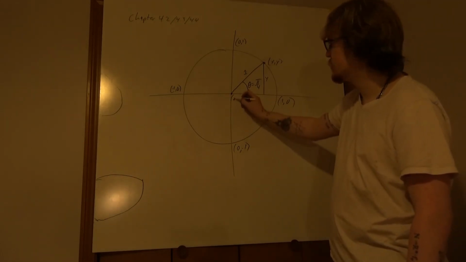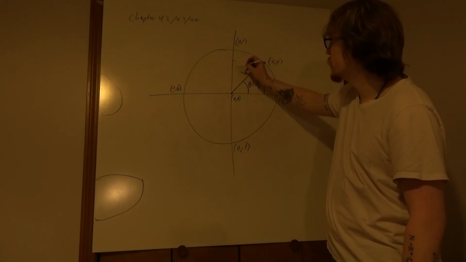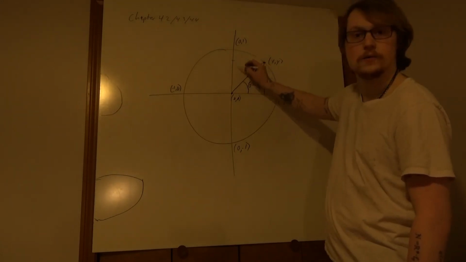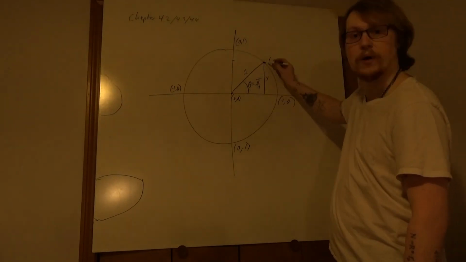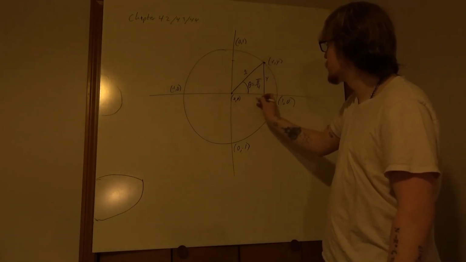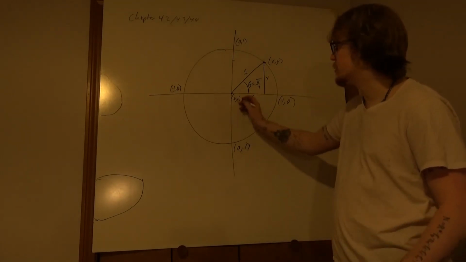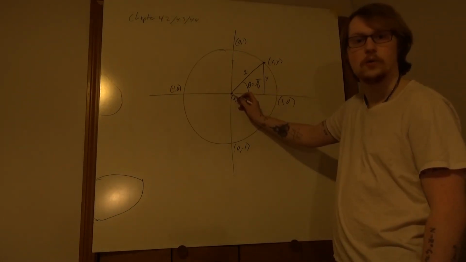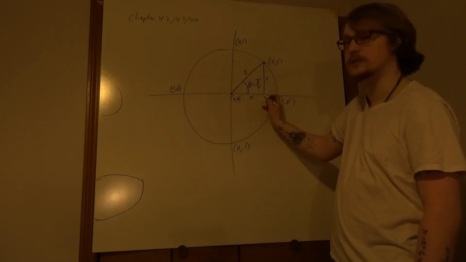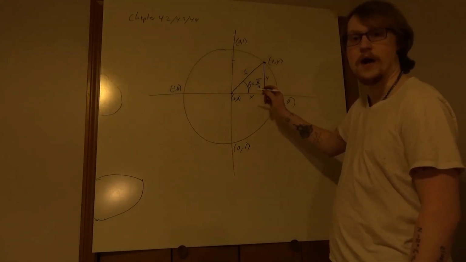So if this is 0, 0, then this is exactly the y value for the coordinates of this point. Likewise, this distance down here is the x value. And that's just because we set the center of the circle at the origin, so this is exactly its distance x away, and this is exactly its distance y away from the origin.